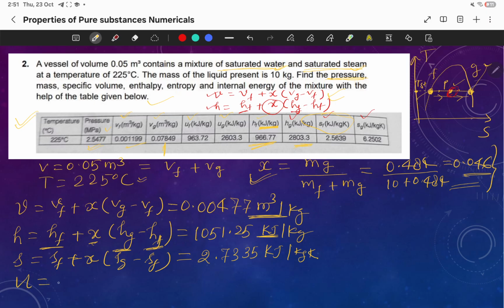And for internal energy, it is uf plus x into ug minus uf. Do this calculation and we will get 1039.14 kilojoule per kg.